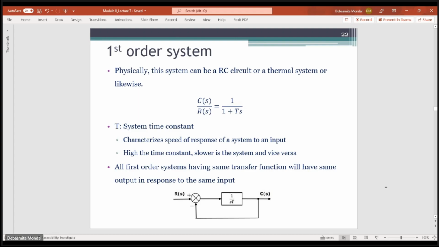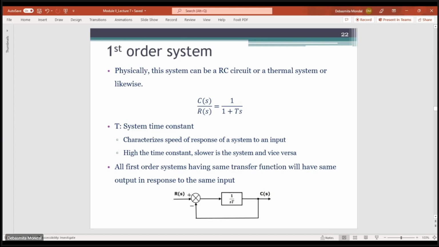So let's say that you have a first order system whose transfer function is given by 1 by sT. If you make a control loop out of it with unity feedback, the overall transfer function of the system becomes 1 by (1 plus Ts). Now this T is a constant, and it is known as the system time constant. And what is the significance of this system time constant? The value of T characterizes the speed of the response of the system.